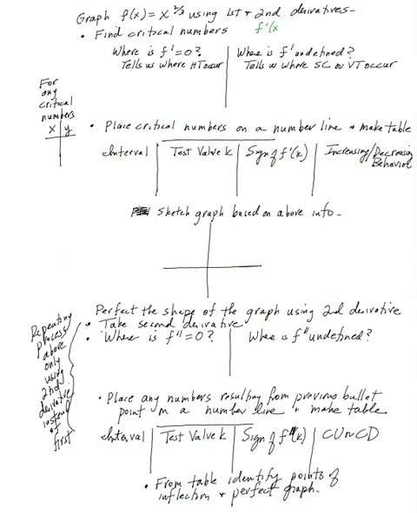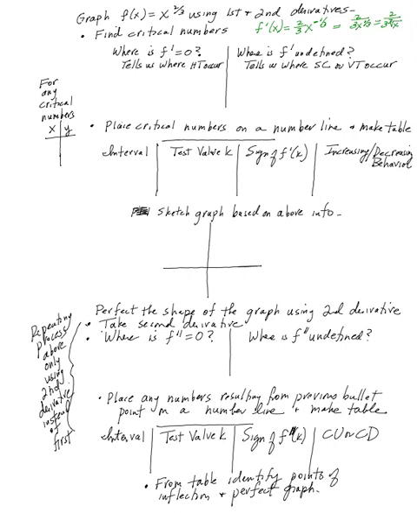So f prime of x is 2/3 x to the negative 1/3, which is 2/3 x to the 1/3. You could write that as 2/3 cube root of x.